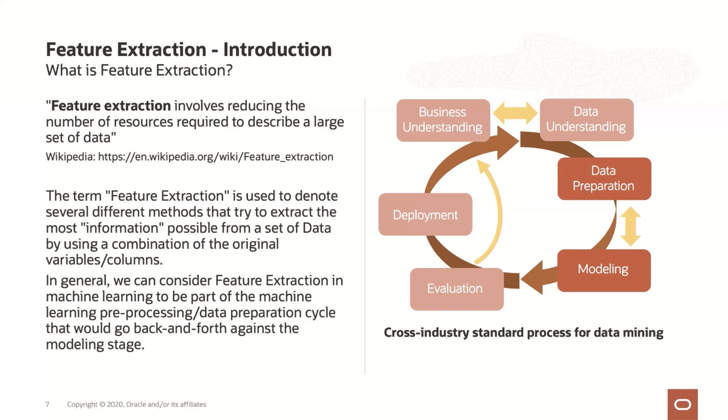The term feature extraction is really used to denote a family of different methods that you have to try to extract the most information possible from a data set. In statistics, we normally call it in search of variability. When you're trying to classify things, a good customer and a bad customer, you want the most variability possible on your attributes so that you can separate people.